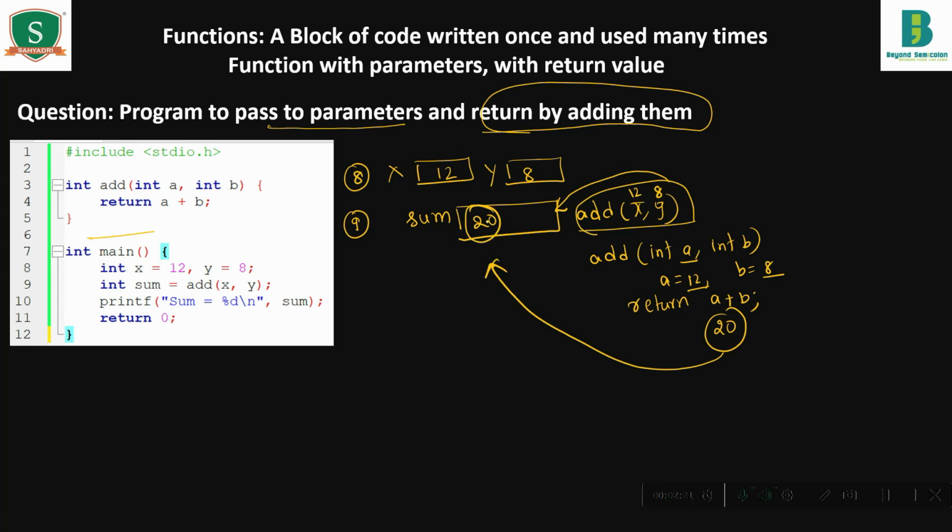Now finally the sum value is 20. If you look at the 10th statement, printf sum value, that is, sum is equal to 20 will be printed. So this is one of the simplest programs, and return 0 because we are defining the function int main, so we are returning 0. If at all we are using void main, we need not use return 0 here.